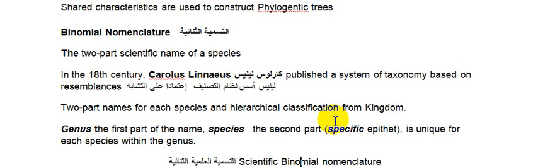He gave each species a two-part name and a hierarchical classification starting from the kingdom. The genus is the first part of the name; the species is the second part, which is specific and unique for each species within a genus. The group in the same species are able to reproduce together.